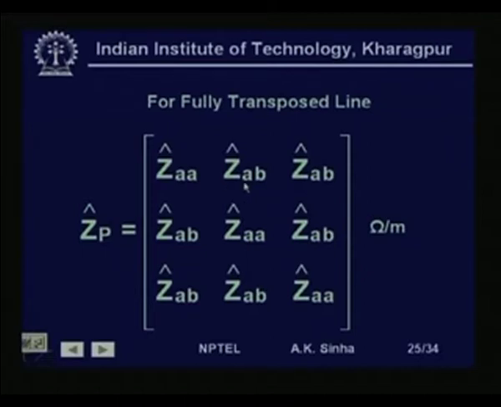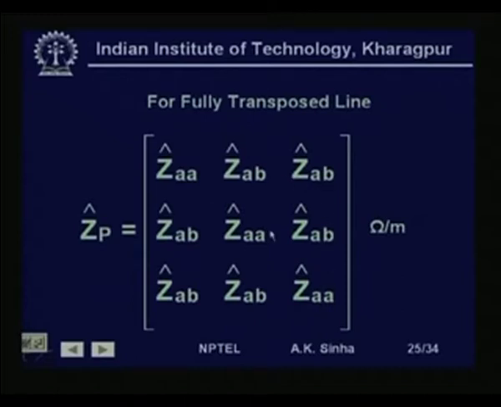So, Z_AB and Z_AC will be equal, which will also be equal to Z_BC and Z_CA. So, we finally get, for a fully transposed line, the series impedance matrix for the 3 phase system with ground return as Z_p equal to [Z_AA, Z_AB, Z_AB; Z_AB, Z_AA, Z_AB; Z_AB, Z_AB, Z_AA].